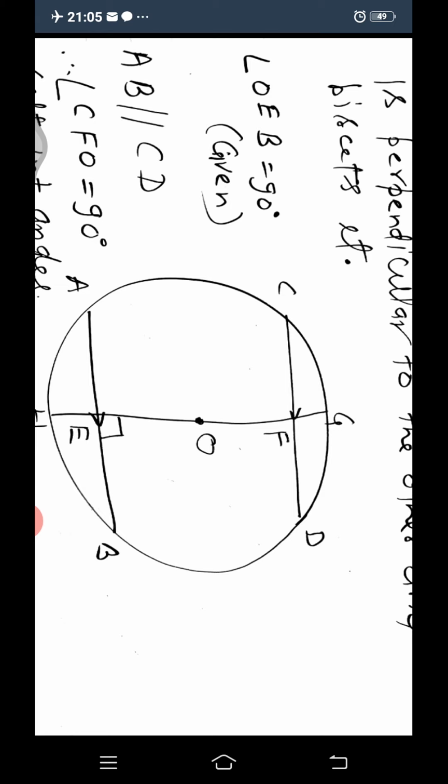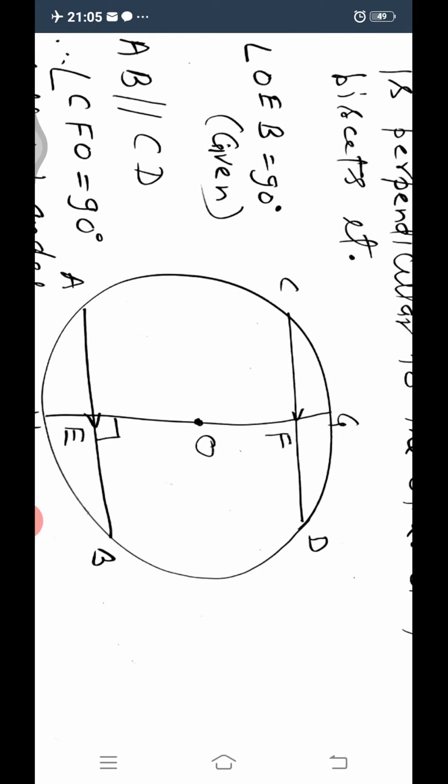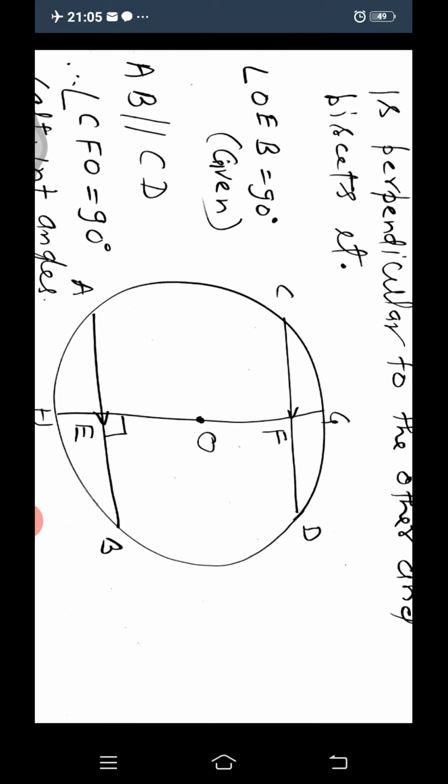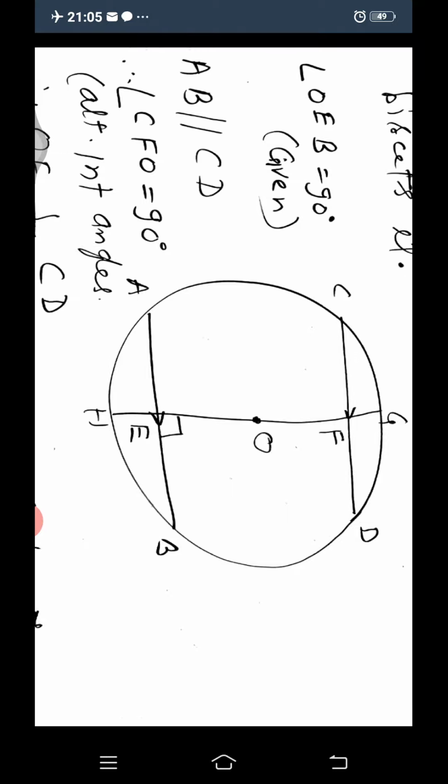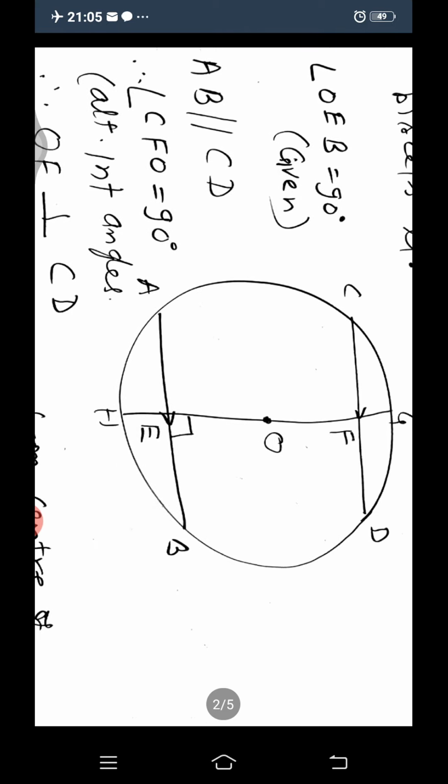Since CD and AB are parallel and GH is a transversal, angle CFO will also be 90 degrees. Now we can see that CFO and OEB, which are alternate interior angles, are equal.